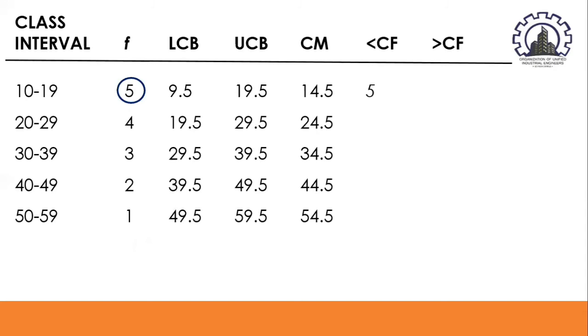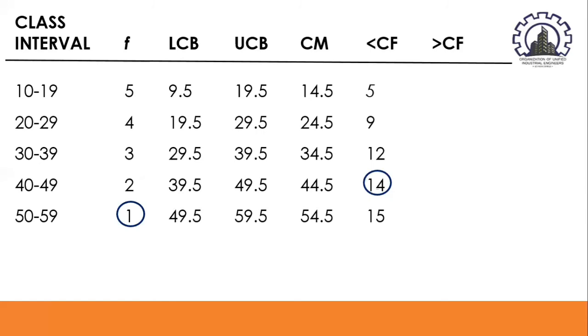And then after copying, add 5 with 4, so you have 9. And then 9 plus 3, you have 12. 12 plus 2, you have 14. And then 14 plus 1, you have 15. So that's how you get the value of your less than CF.